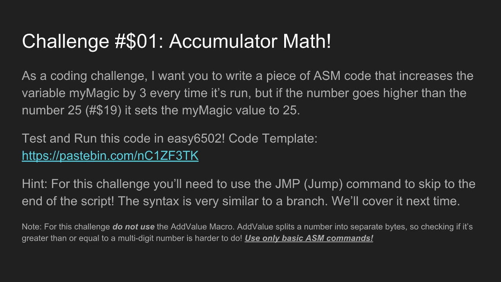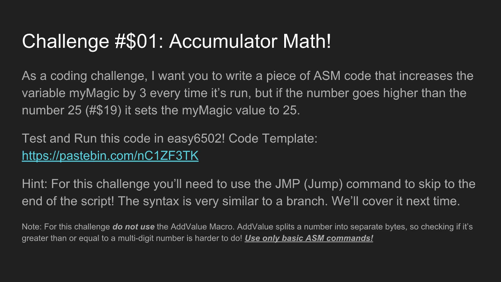Also, because I'm suggesting to do this using Easy6502, do not use the AddValue macro. Also do not use AddValue for the purposes of this if you were going to try to code it in NESMaker and just show the results of the accumulator.